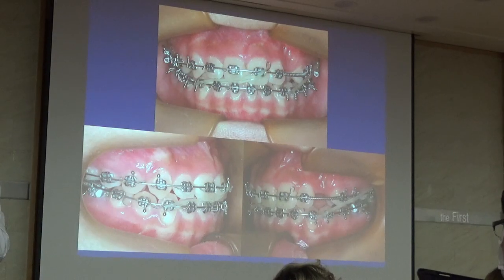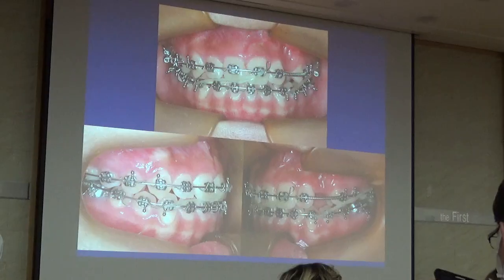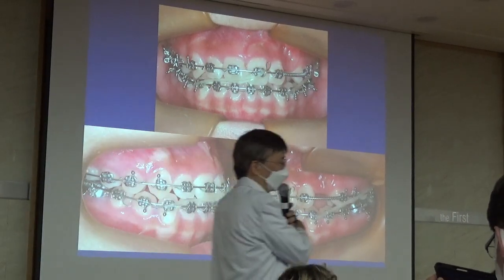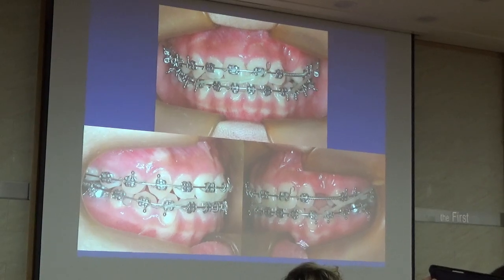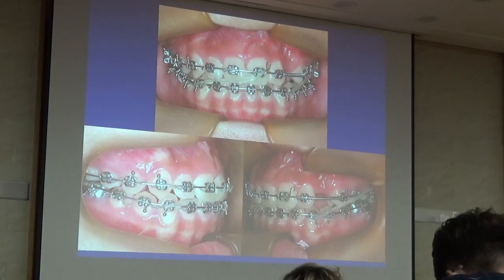Now, one thing we have to consider is the patient's compliance. This is a very simple case. If you use something like this, you must rely on the patient's compliance.